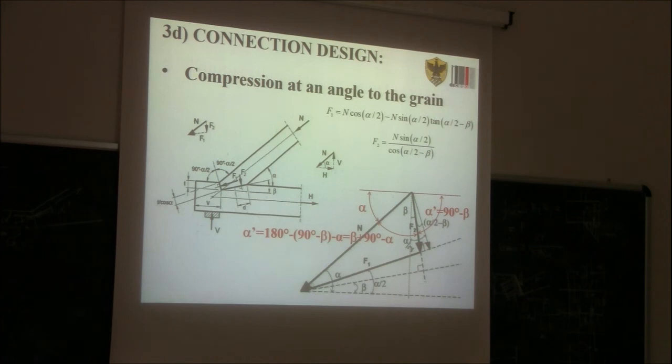So here again you see we need to look with some attention to the values of the angle here in order to find out the inclination of the force with respect to the angle of the tie beam, with respect to the angle of the rafter. So the angle alpha prime of the inclination F2 with respect to the angle of the rafter is beta plus 90 degrees minus alpha. What is that inclination of F2 with respect to the angle of the tie beam is 90 degrees minus beta.